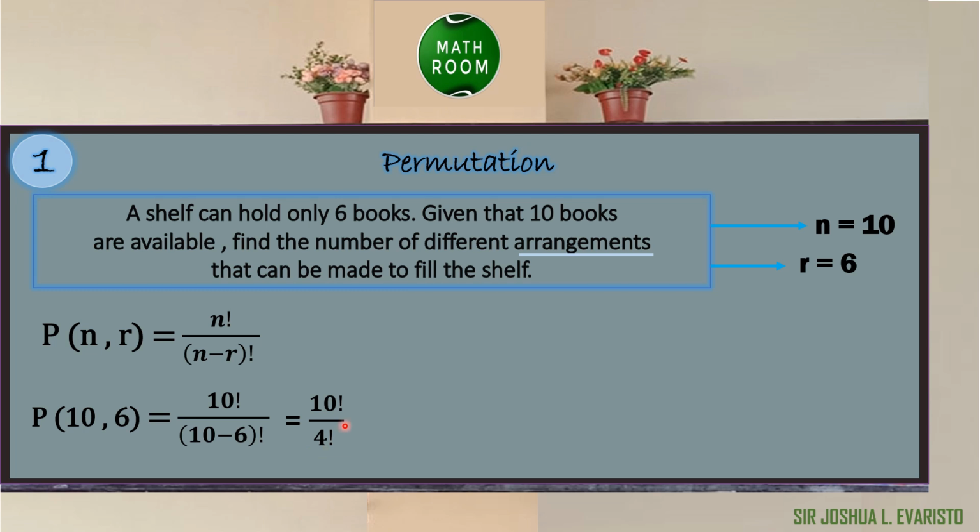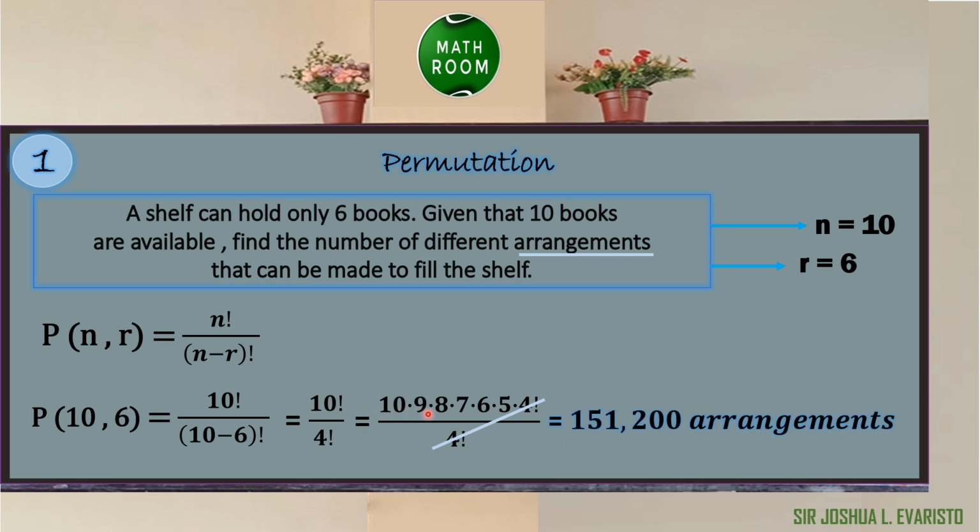We can write the numerator in the form of 10 times 9 times 8 times 7 times 6 times 5 times 4 factorial, so that we can cancel 4 factorial on both numerator and denominator. Multiply the remaining factors. 10 times 9 times 8 times 7 times 6 times 5 is 151,200. Thus, we have 151,200 different arrangements that can be made to fill the shelf.